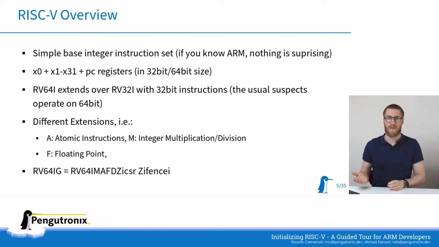Important to know is that for our Linux targeted use case, we want to have RV64IG, where the G general expands to integer, multiplication, atomics, floating point, double floating point, the control and status register, and the instruction fence instructions. So on most systems which are capable of running Linux, either on 32-bit or 64-bit, you will have all these extensions available, and the kernel does use them.